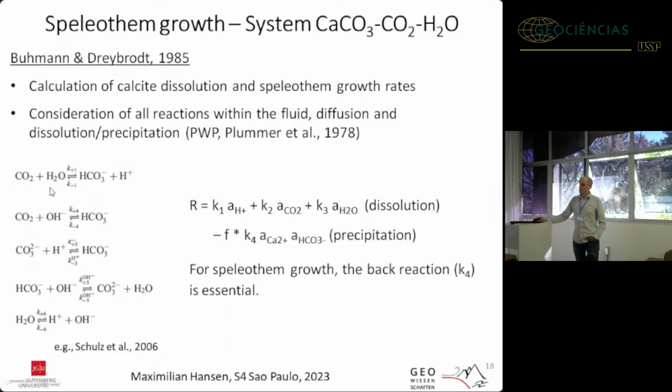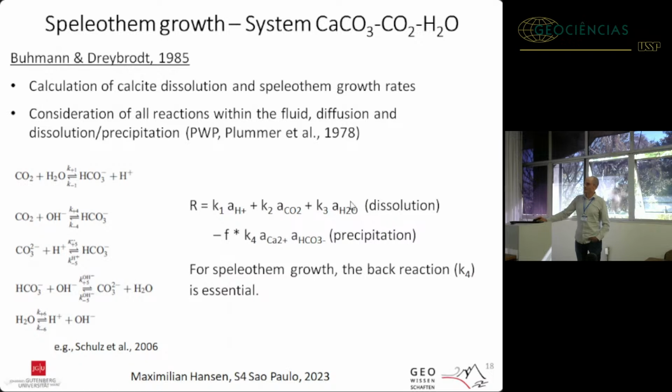All the individual reactions going on at the same time have different reaction rates, which are determined by the mass action law in particular. And so the PWP equation gives you this lengthy equation for the rate of precipitation and dissolution.